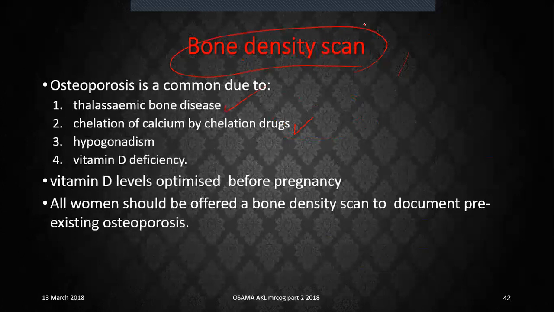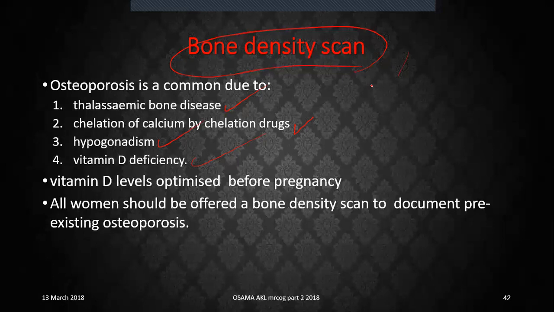Also, pituitary malfunction will lead to decreasing gonadotrophins and decreasing estrogen. This leads to osteoporosis and vitamin D deficiency.